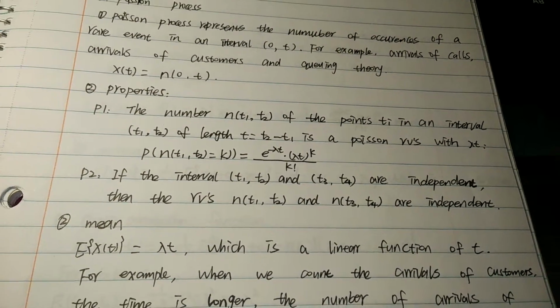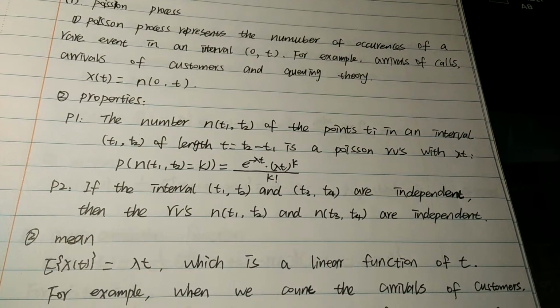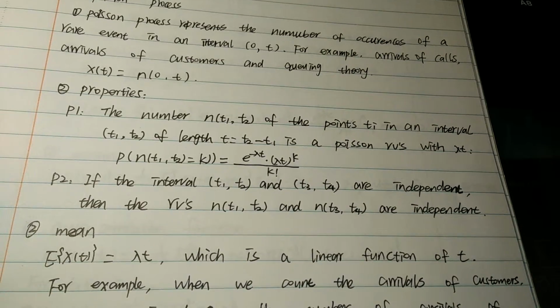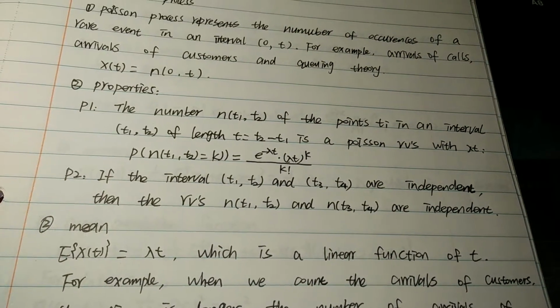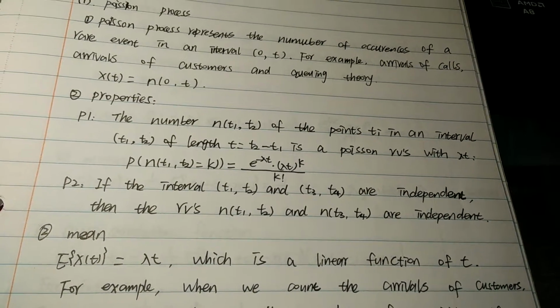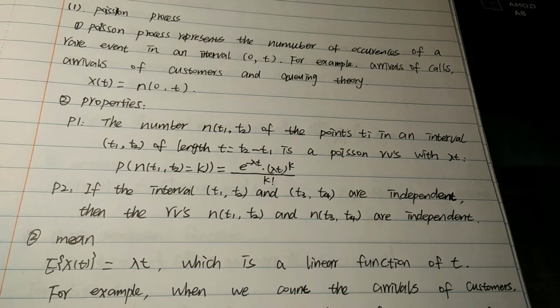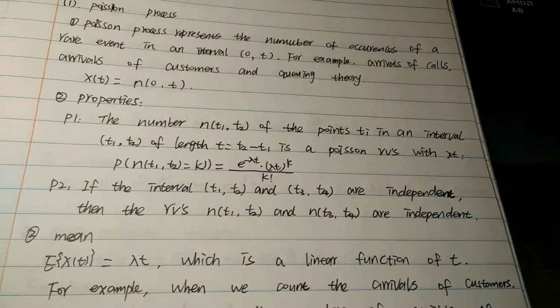The second one is if the intervals t1 to t2 and t3 to t4 are independent, then the random variables n of t1 to t2 and n of t3 to t4 are independent.